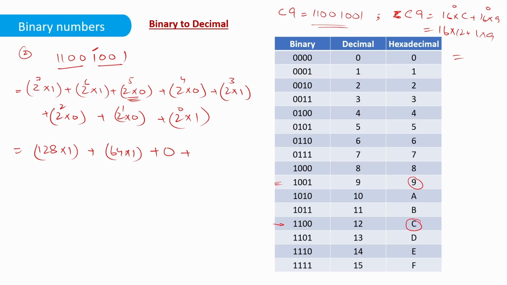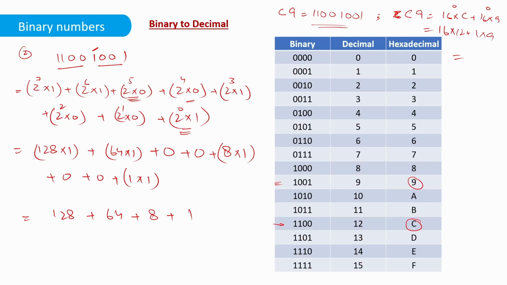So 0 plus 0 again, plus 2 power 3 is 8 times 1. Okay, plus 0 plus 0 plus, and for this 2 power 0 is 1, so 1 times 1. Okay, so this becomes 128 plus 64 plus 8 plus 1.